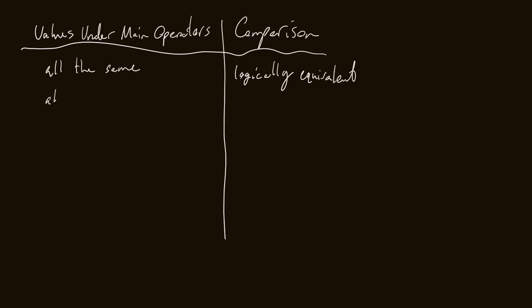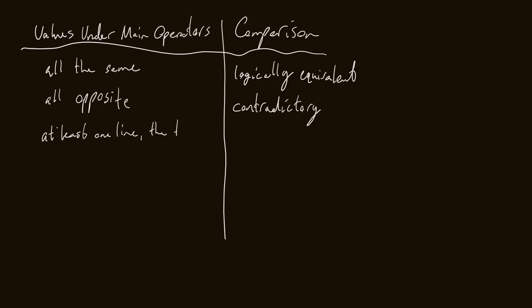If they are all opposite, then we have contradictory statements. Now, we have two more. We want to look at when they're consistent or inconsistent. So when they're consistent, at least one line, the truth values are both true.